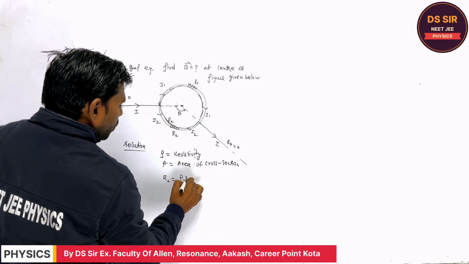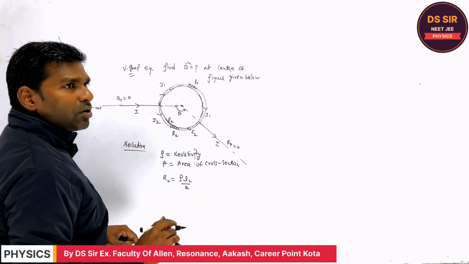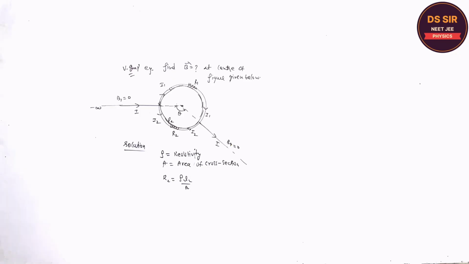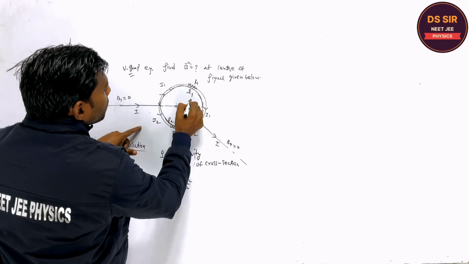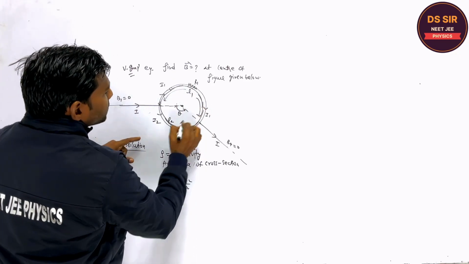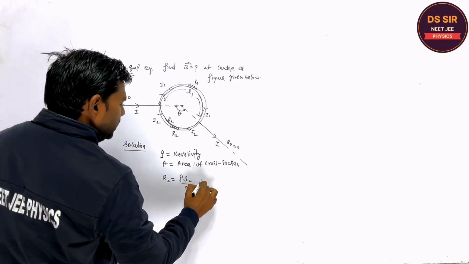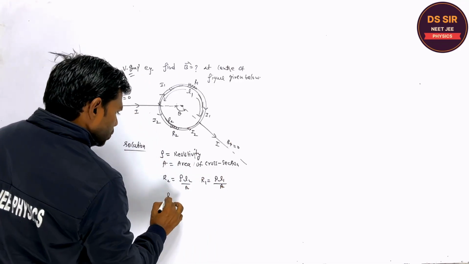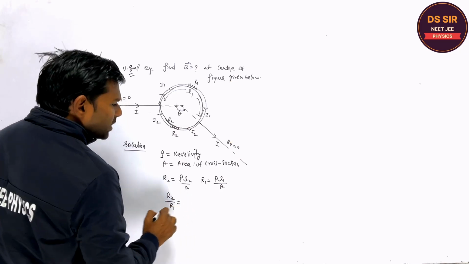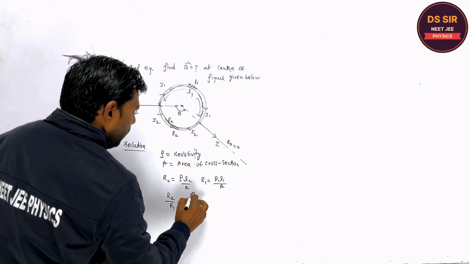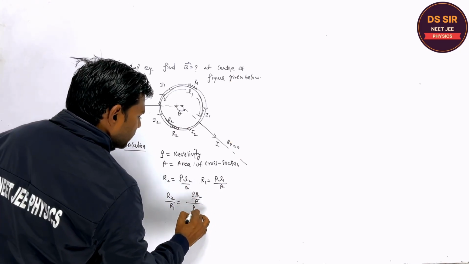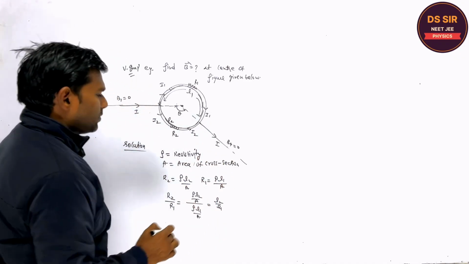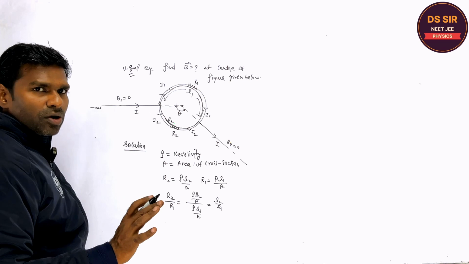It is equal to rho L2 upon A. Is it clear or not, you tell? And if the length of this part is L1, what is the resistance R1? Rho L1 upon A. So if you find the ratio of the resistances R2 upon R1, what will you get? L2 upon L1. Is it clear or not?